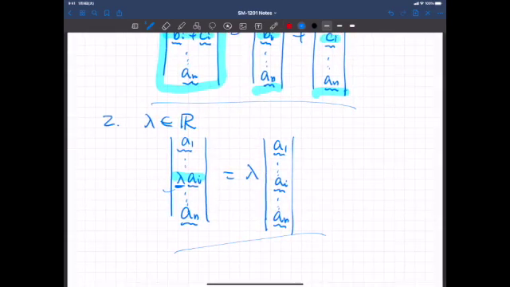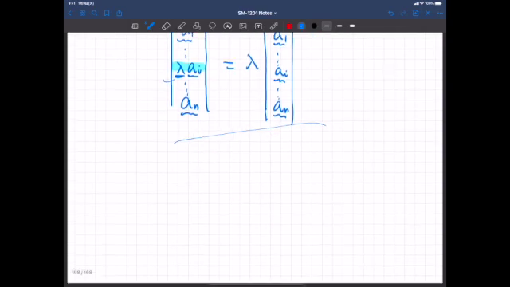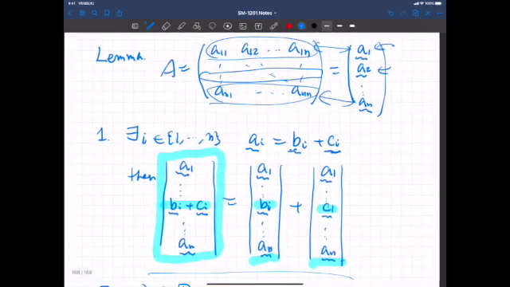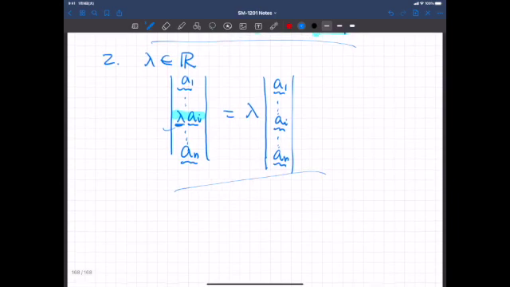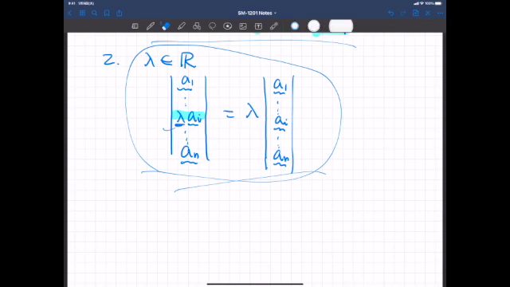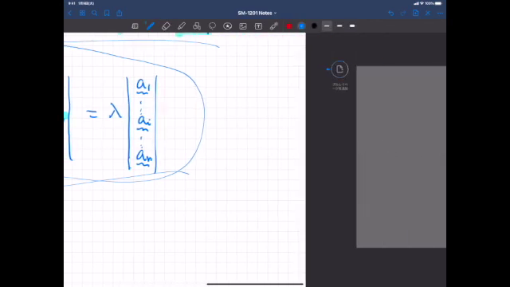Okay, so let's prove it. I think the second one is quite trivial if you just apply the definition of the determinant. So it's an exercise. So let us prove the first part.